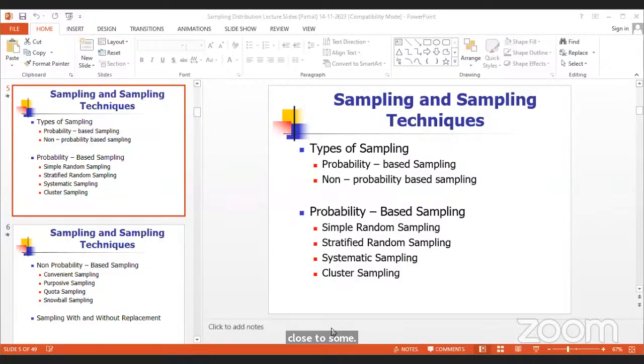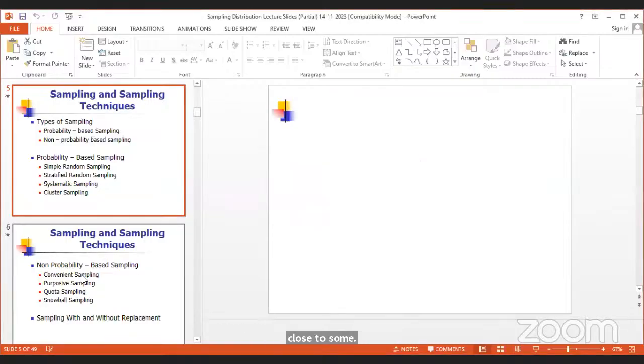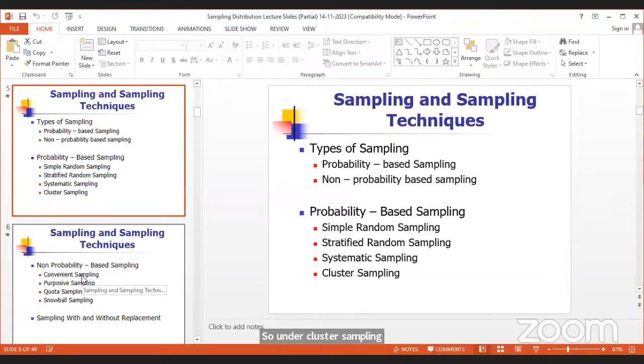Under cluster sampling, the selection is not done by selecting the units. You select clusters.